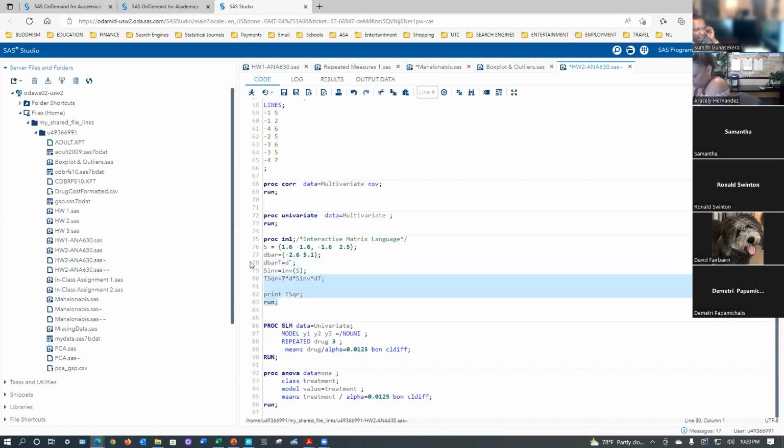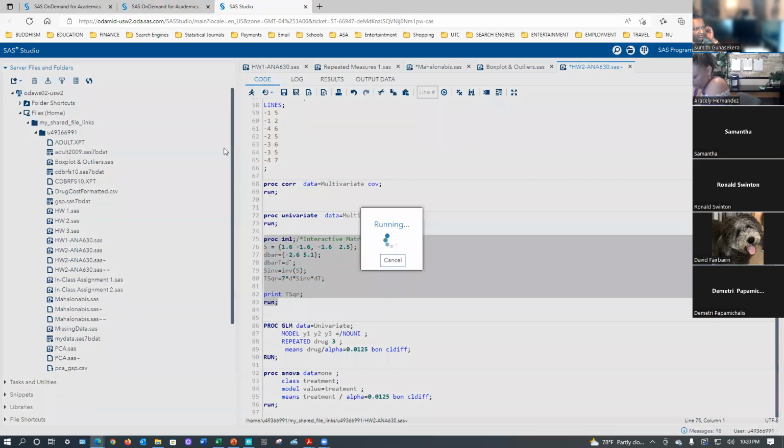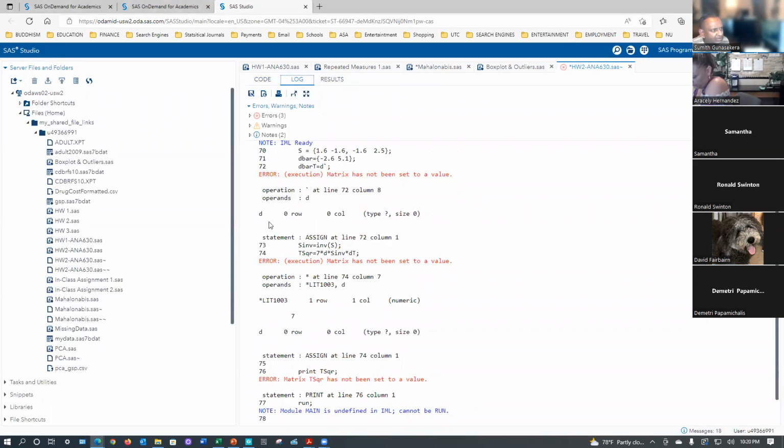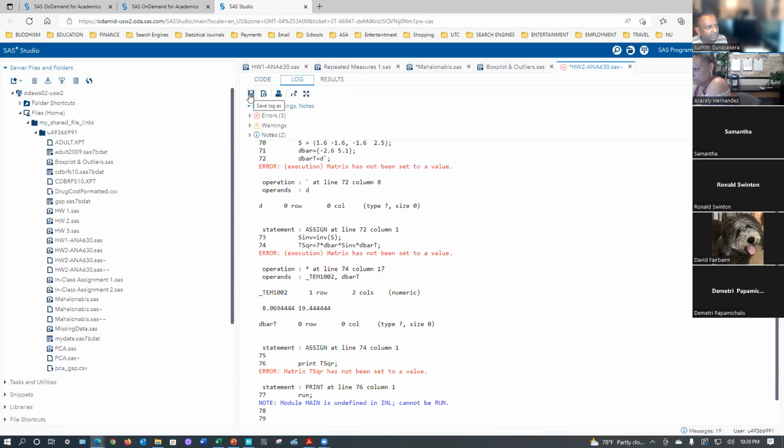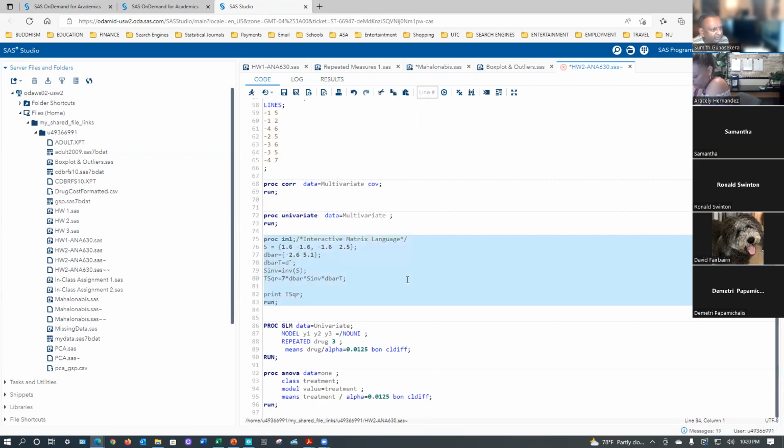Okay, D bar, here I have a D bar transform. It's not being set. Let me see what happens.